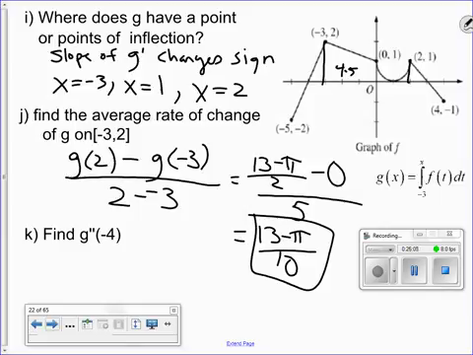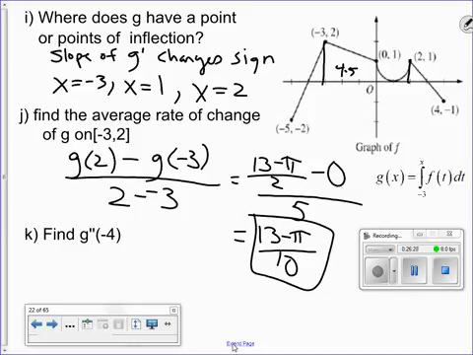All right, now these just get better and better. Find the second derivative of g at 4. It's the slope of g prime, the second derivative. Right? It's the derivative of the derivative, so it's the slope of the derivative. Derivative, you just translate in your head meaning slope graphically.